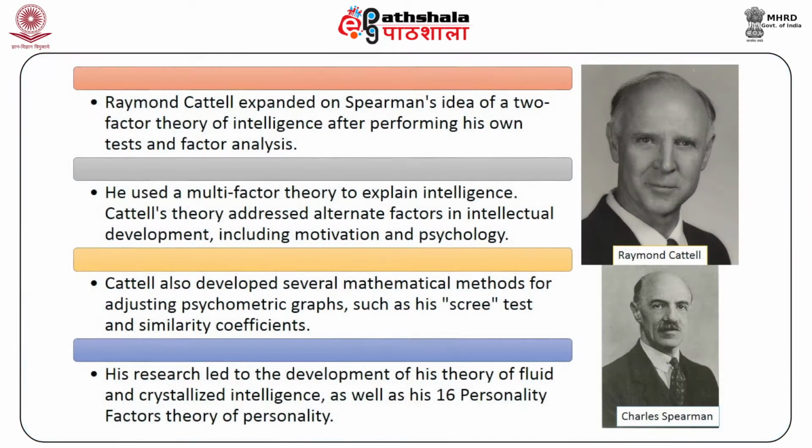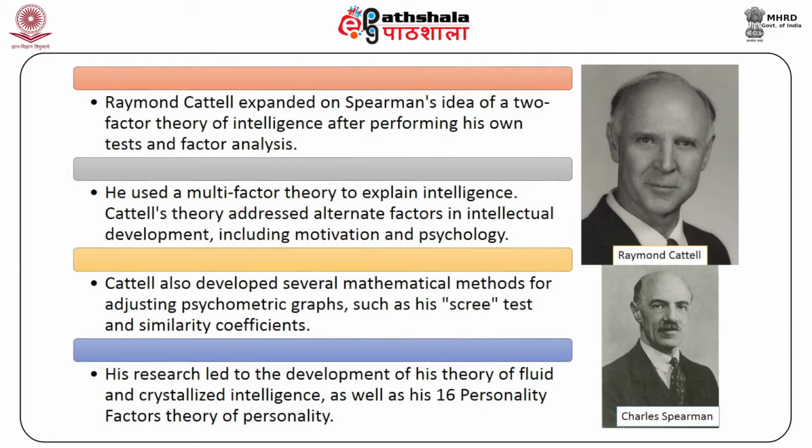Raymond Cattell expanded on Spearman's idea of two-factor theory of intelligence after performing his own tests and factor analysis. He used a multi-factor theory to explain intelligence. Cattell's theory addresses alternate factors in intellectual development, including motivation and psychology.